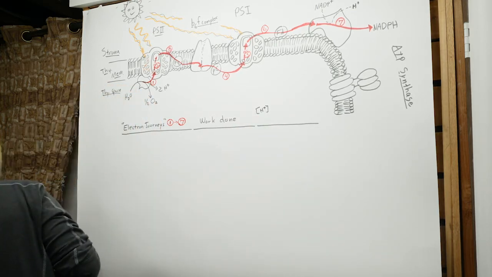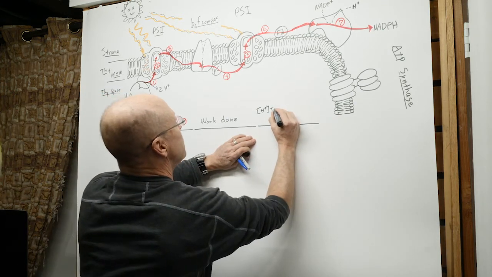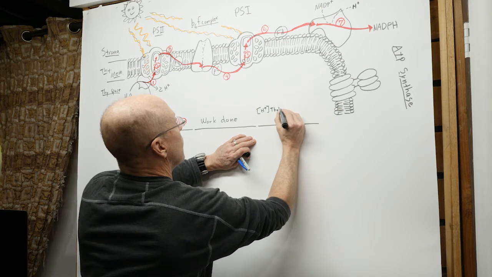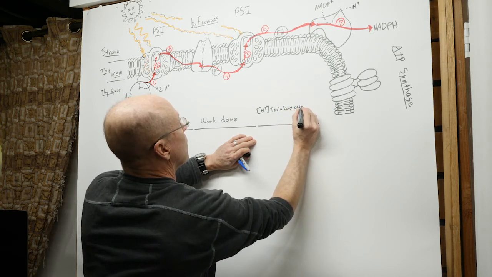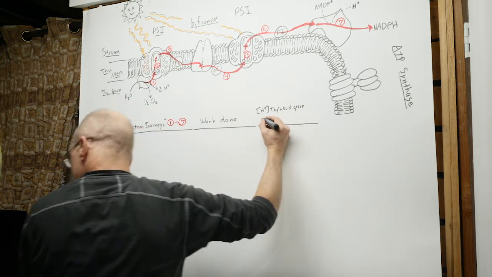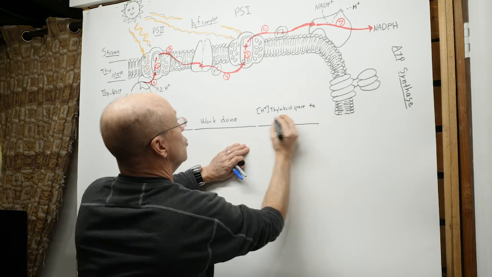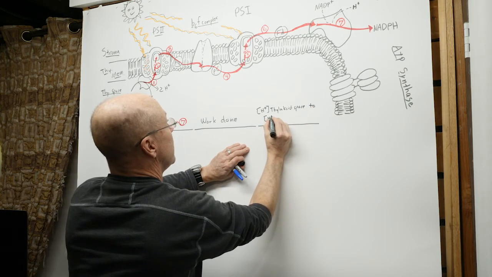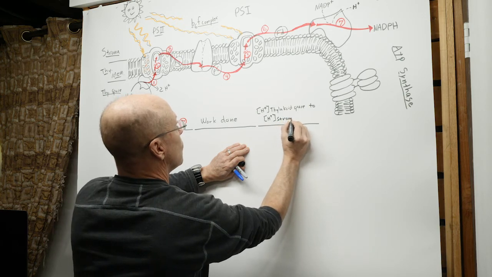The concentration of H+ in the thylakoid space relevant to the concentration of H+ in the stroma.